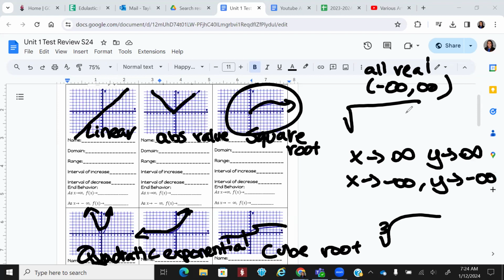Which one? Cube root? It does. Cube root would work for this one. Anything else? Linear? Okay.